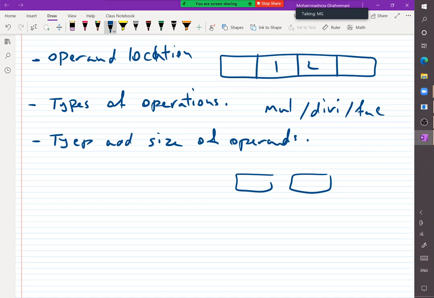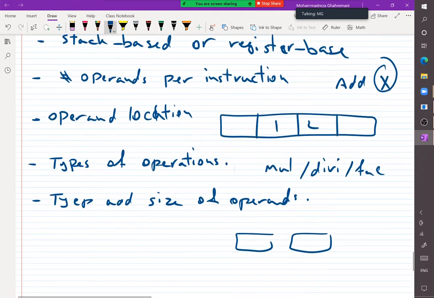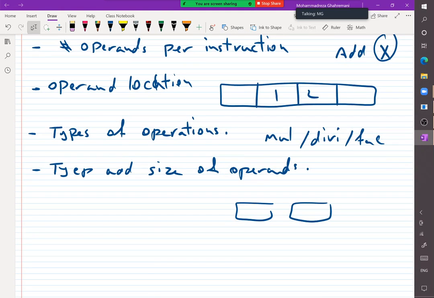Okay, these are the different instructions, but in designing an instruction we need to have consideration, which as I said are explained here.